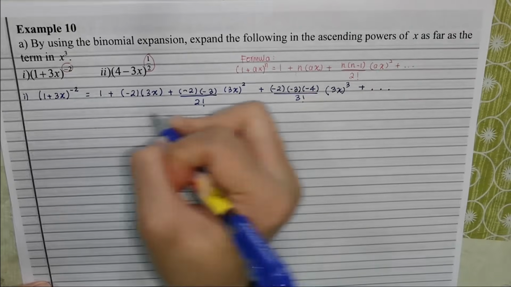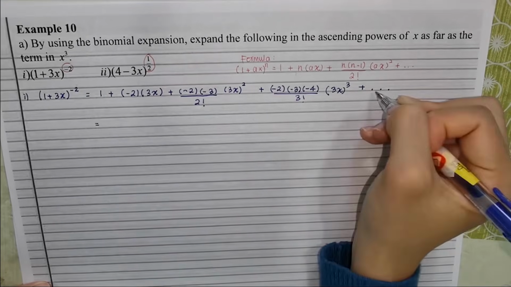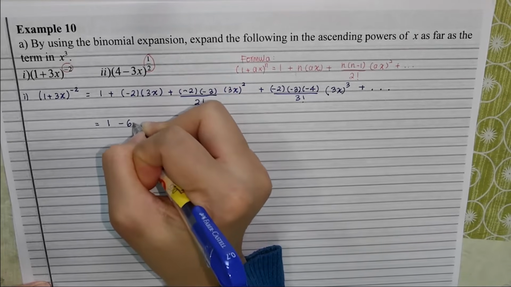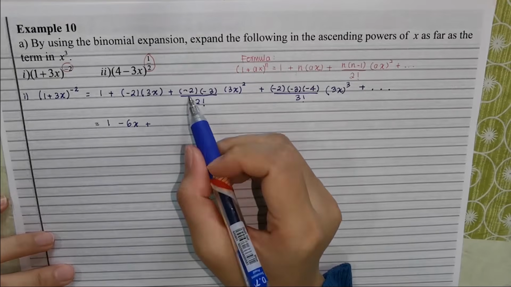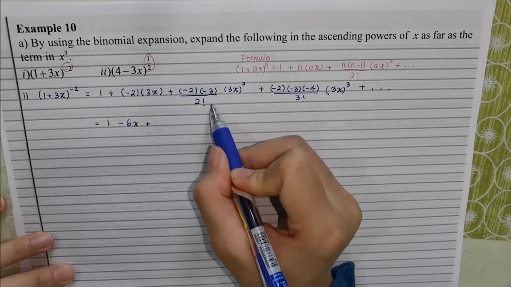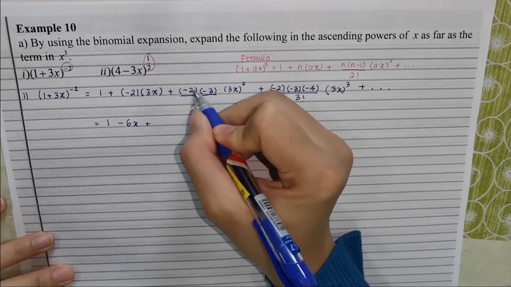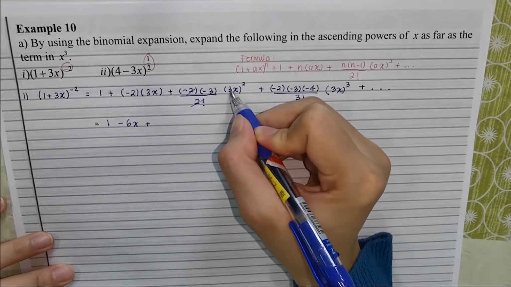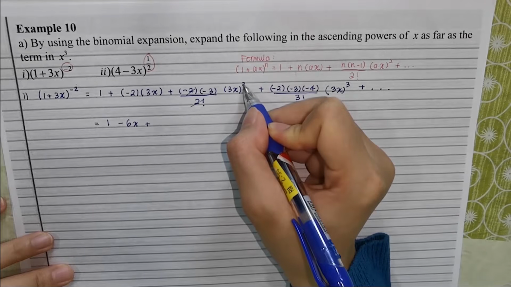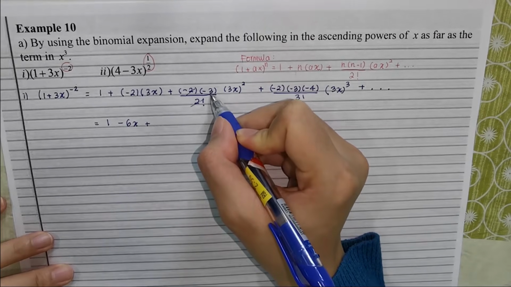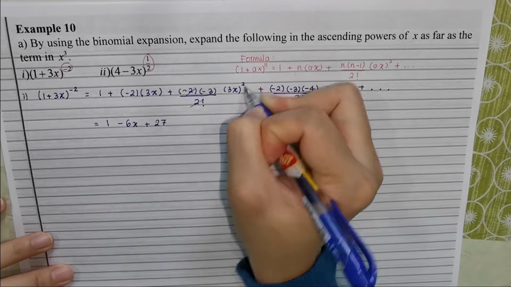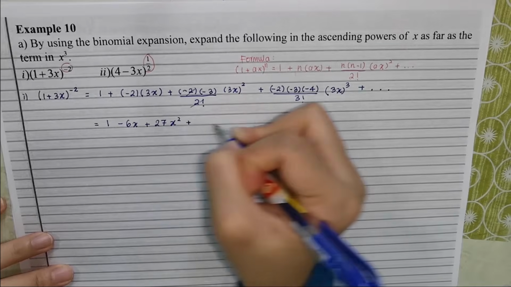And then just use the calculator and simplify all the terms. 1, then -2 times 3 gives -6x. Next, for the third term, -2 times -3 over 2 factorial. 2 factorial means 2 times 1, which is 2, so just cancel out the 2 here. Then 3 squared is 9, and 9 times 3 is 27, with a positive sign: +27x^2.